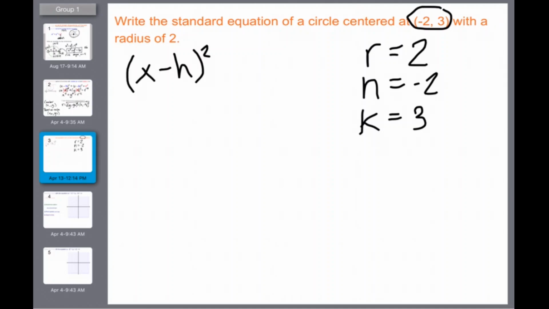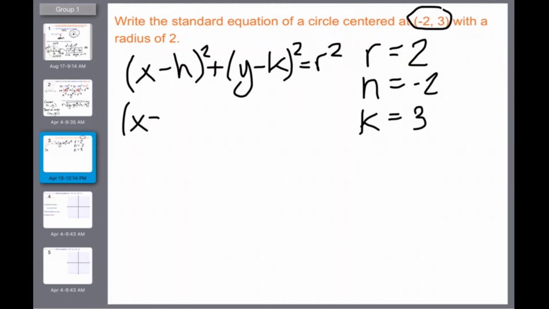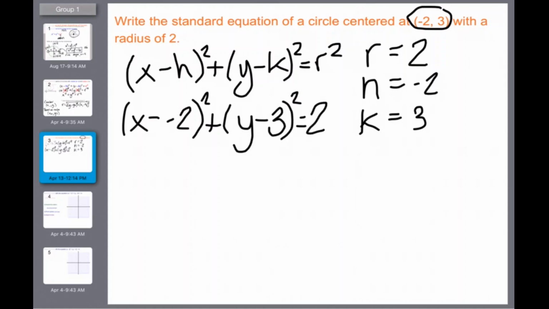I'm just going to quickly write that here. We have x minus h squared plus y minus k squared is equal to r squared. Now we just need to plug in our 3 variables. So we have x minus -2 squared plus y minus 3 squared is equal to r squared. So r is 2, so 2 squared.